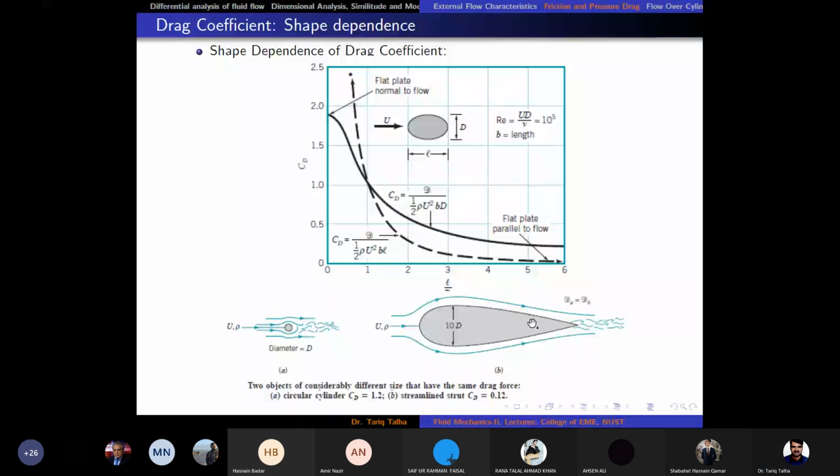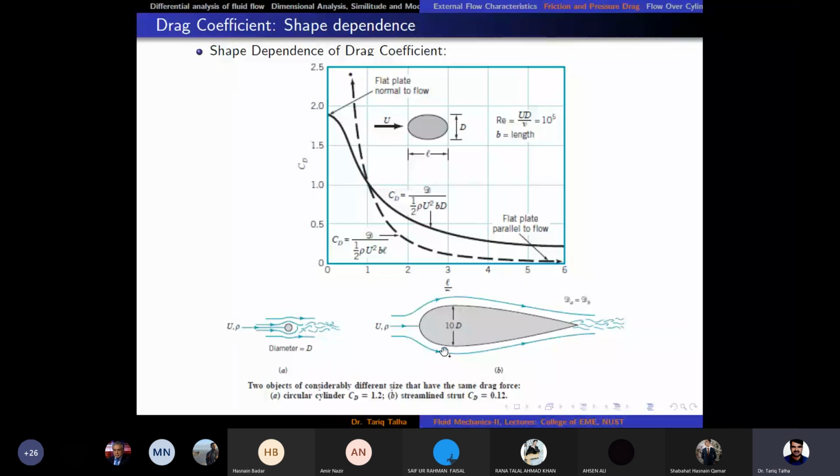Here it has got an example. You can see that there is a cylinder on the left hand side which has a diameter d, and then we have a streamlined body whose maximum height is 10d, right? But very interestingly, the drag of this small cylinder is equal to the drag force of this big airfoil.